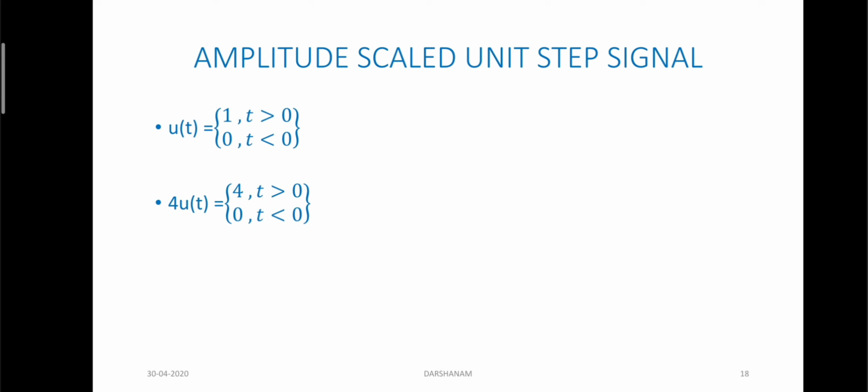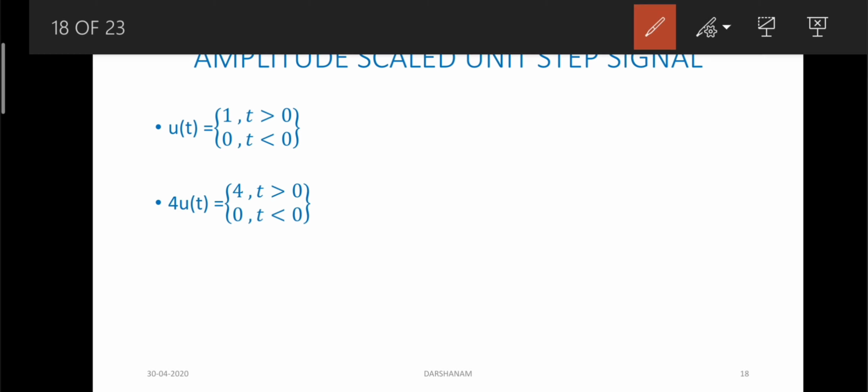Now we are changing the amplitude of the unit step function from 1. The unit step function u of t equals 1 for t greater than 0 and 0 for t less than 0. The amplitude scaled unit step function is represented as 4 into u of t. It is equal to 4 for t greater than 0 and 0 for t less than 0.